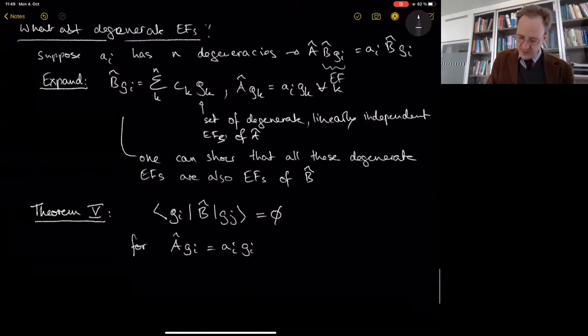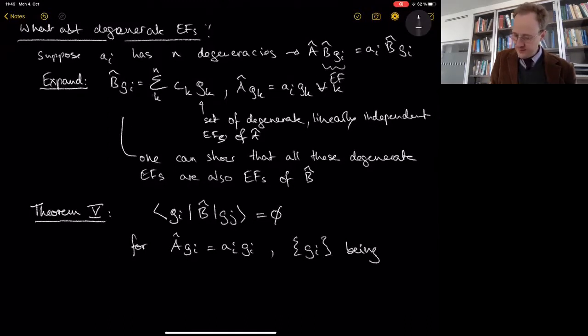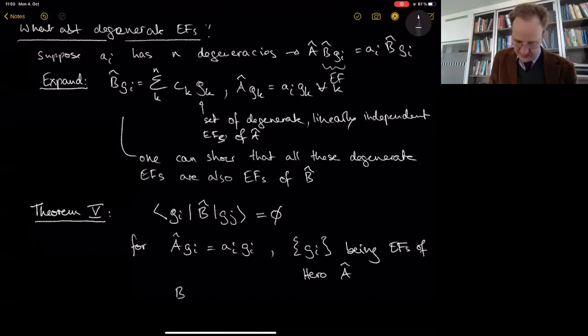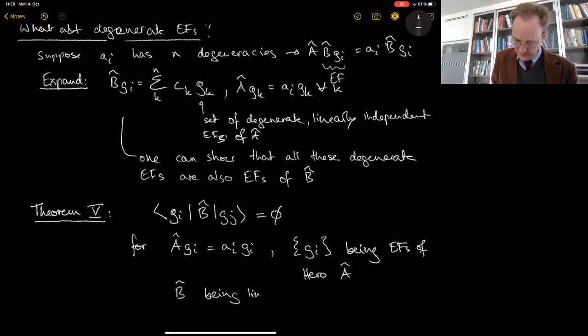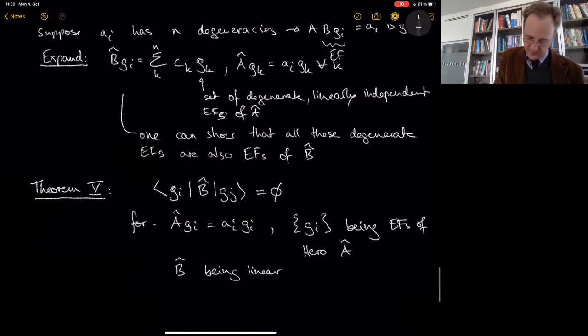So GI being eigenfunctions of hero A, and for B being linear, it's these three conditions.